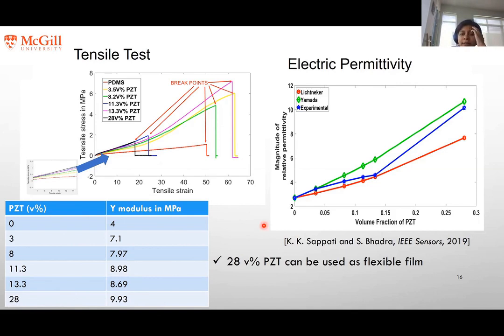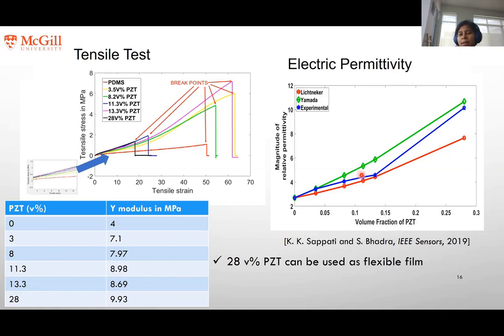And we also measured the dielectric constant of those films. You can see that as we increase the volume percentage of the PZT in the composite, we increase the relative permittivity, and we also showed whether it follows the model.